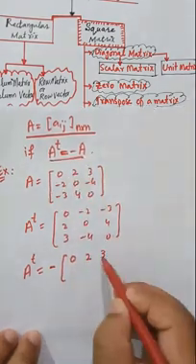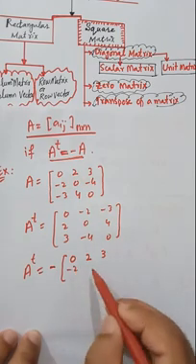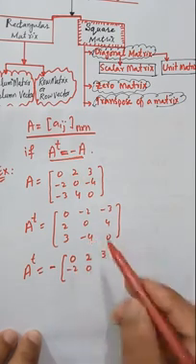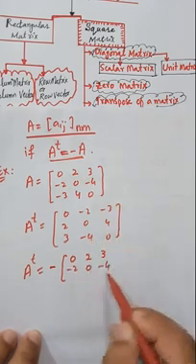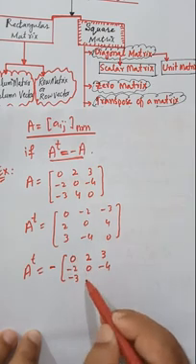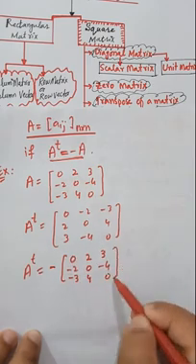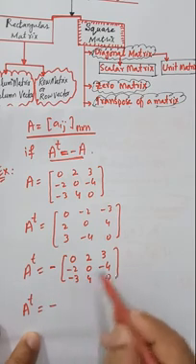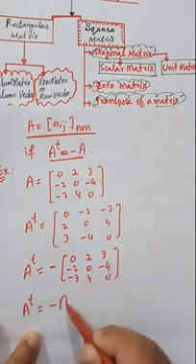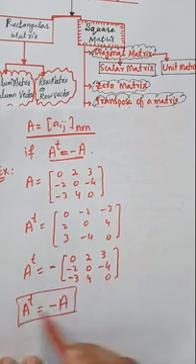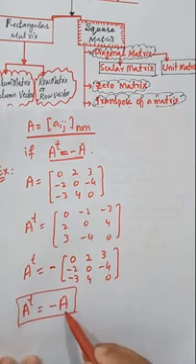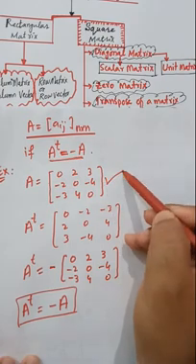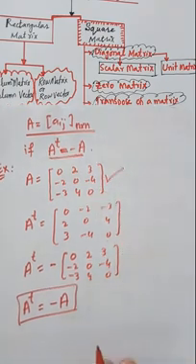So this becomes plus 3, this becomes minus 2, this will be 0. This becomes minus 4, this becomes minus 3, this becomes plus 4, and this becomes 0. So you see that this is A transpose, and this is equal to minus A. So A transpose is equal to minus times A. That's why this matrix is said to be a skew symmetric matrix.